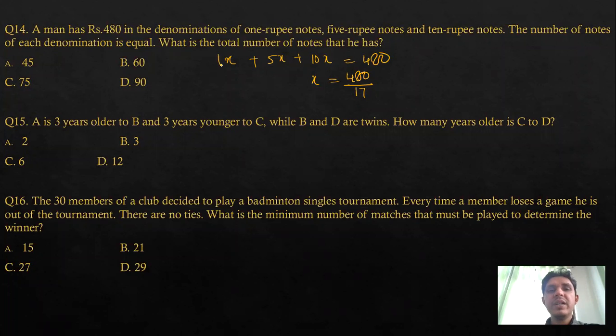The number of notes of each denomination is equal, so we take the number x. The sum is 16x, and if we solve for x, this will be 480 divided by 16, and this will be 30. The number of notes of each denomination is equal, so 30, 30 and 30. The answer of this question will be 90.